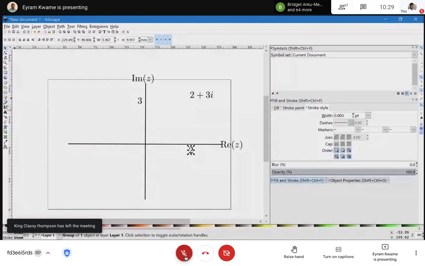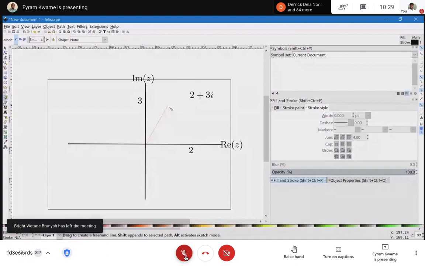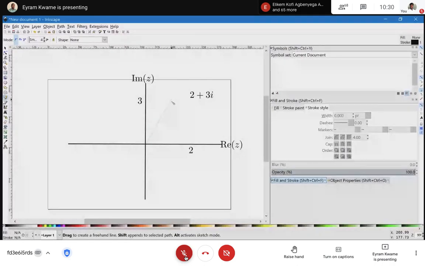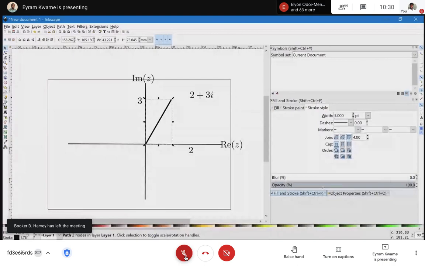Then I can sketch it here. I'll go for this. And then I'll increase that to say maybe 5. I can change the color.